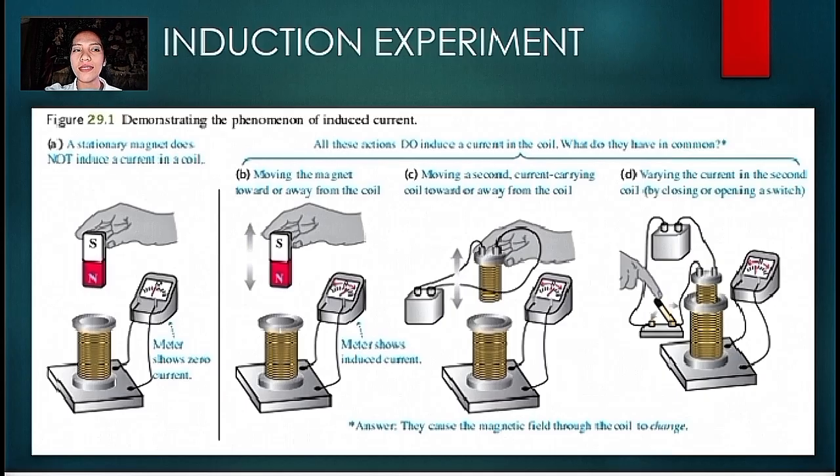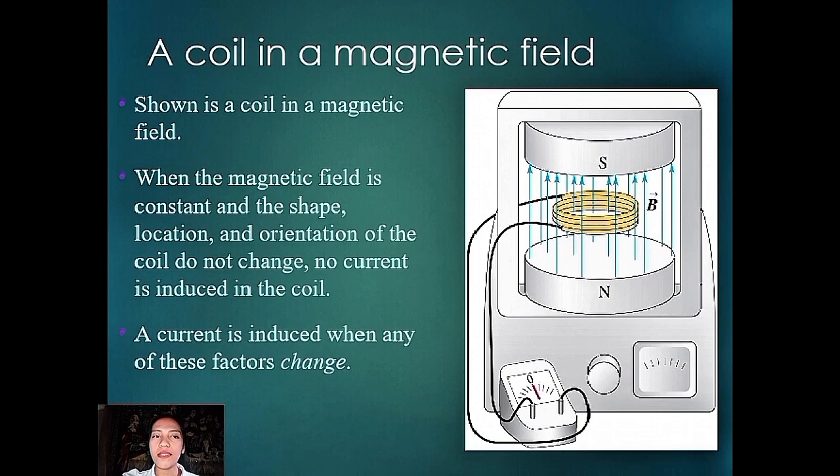Next slide is the coil and the magnetic field. This slide shows that a coil placed in a constant magnetic field does not produce a current.